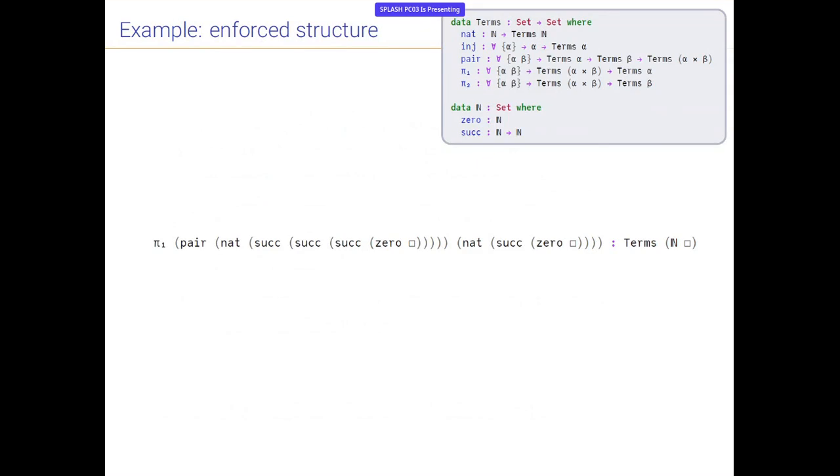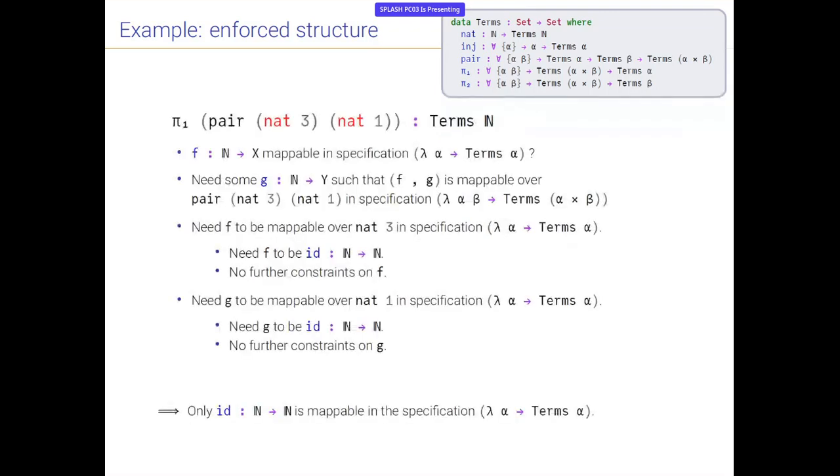Well, the structure here of the term is really the following. 3 and 1 were just like a shortcut for something which can be written with the constructor of the data type n. And so here the whole term is actually only structure. There is no data in that term. In that term, pi1 of pair nat3, nat1, everything is structure. There is actually no data.